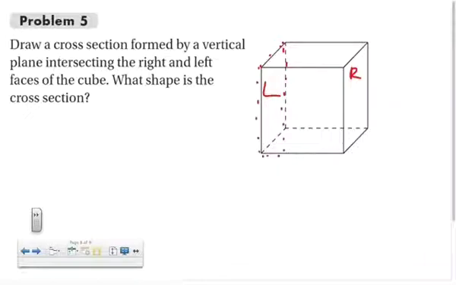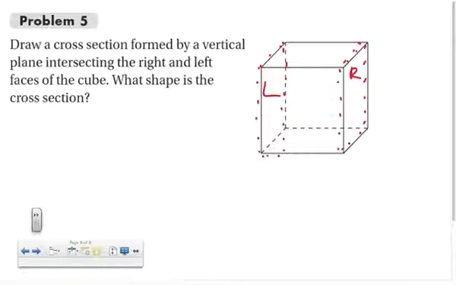I want a plane that's intersecting these 2 faces of my cube. And what am I guaranteed that it will be? A rectangle. It could be a square, but it would be a square if I was slicing it perfectly halfway.